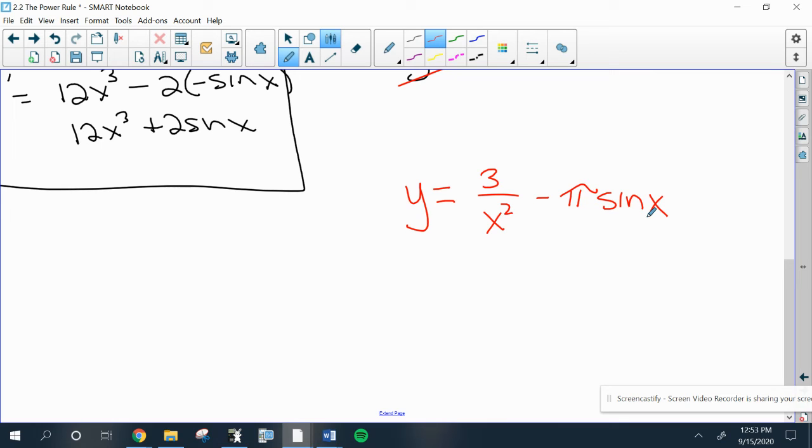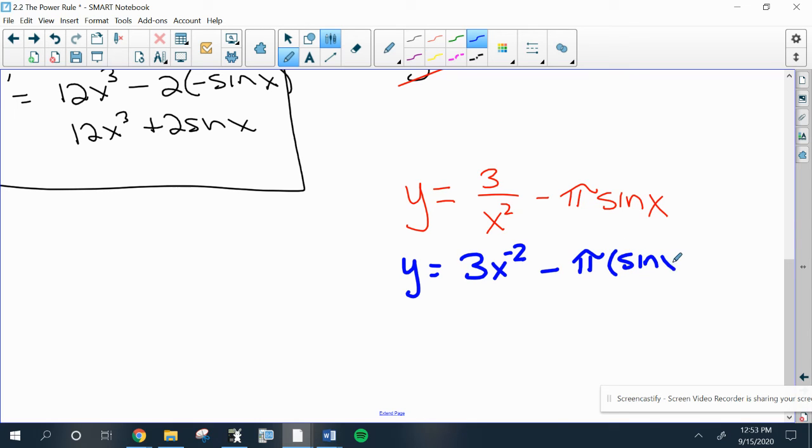Can we take the derivative of this function? Well, if you start to look at it and rewrite it, this is fine. This we can use our constant multiple rule. This also, pi is a constant, so it's pi times sine of x.